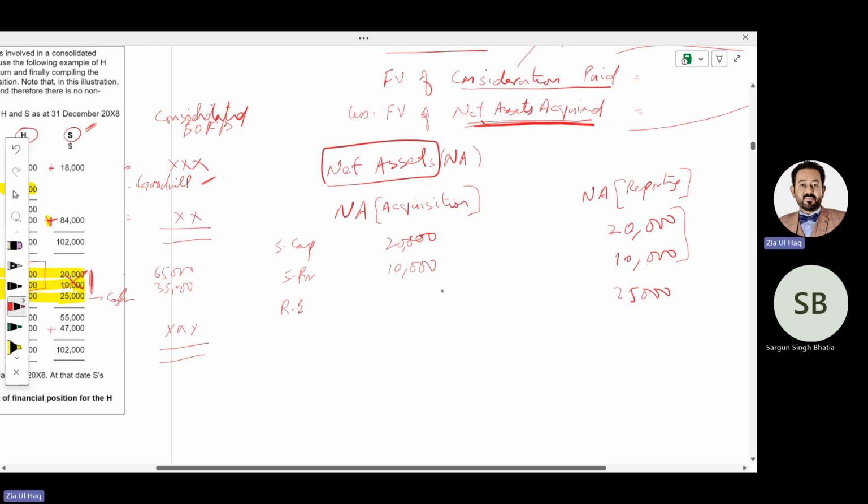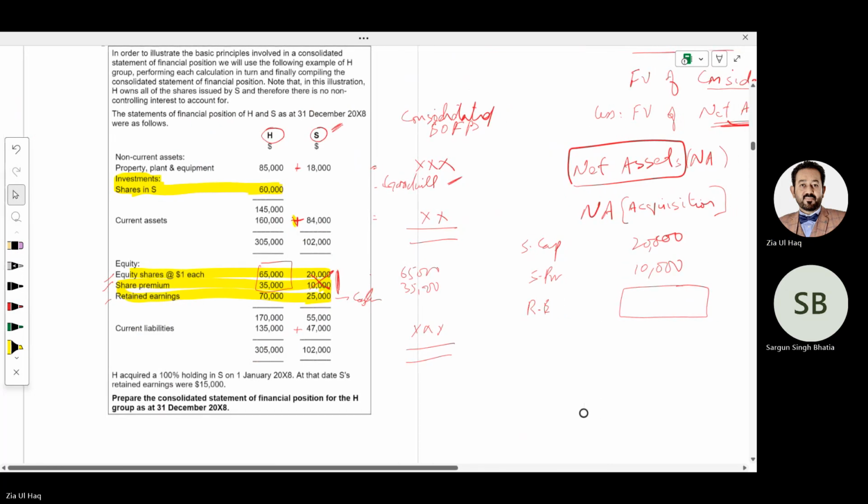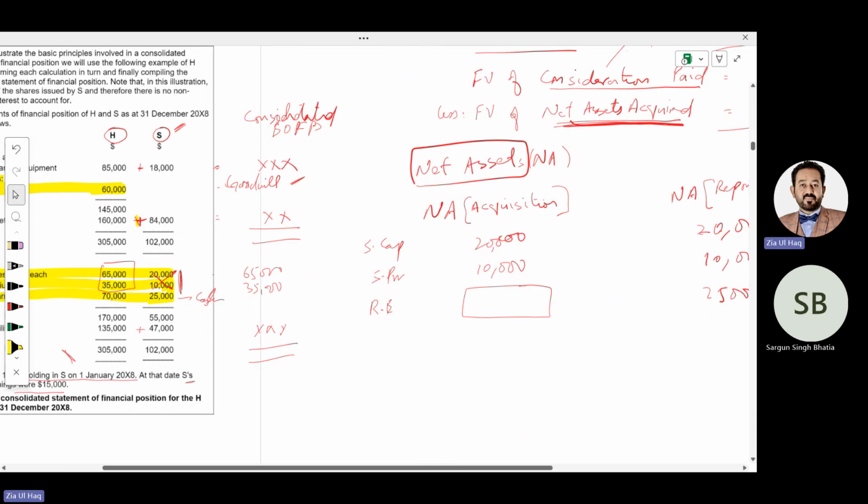This figure, retained earning, we will find in the question. Like in this question, if we see, H acquired 100% holding of S on 1st January 20x8. At that date, S's retained earnings were 15,000. At acquisition date, the retained earnings are 15,000.